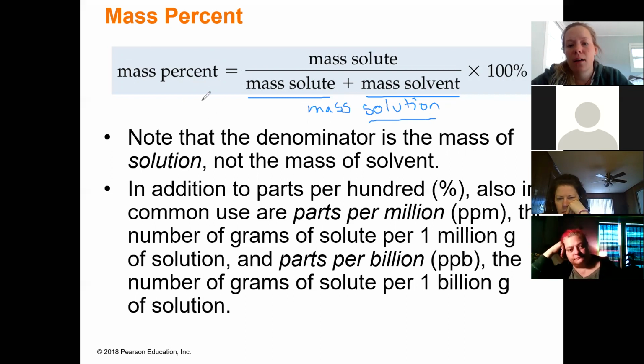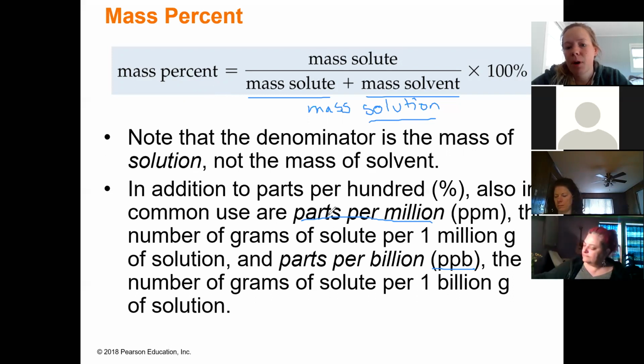This is sometimes called parts per hundred. There's also ppm, which is parts per million, and ppb, which is parts per billion. Parts per million and parts per billion are used more to talk about trace concentrations of something.